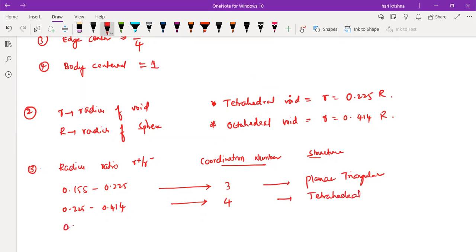Next, 0.414 to 0.732, the coordination number will be 6 and the shape is octahedral. And above 0.732, the coordination number will be 8 and the shape is body centered.